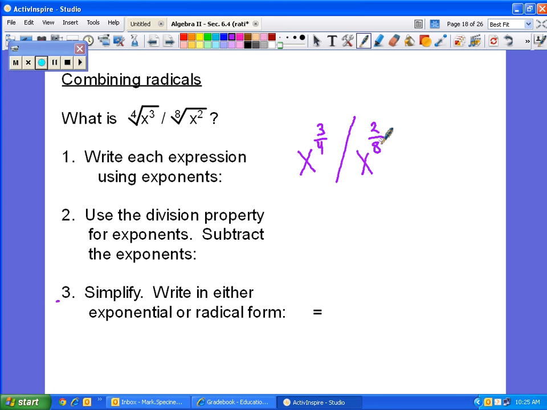So the index becomes the denominator. The number that's with the radical becomes the numerator. Okay, step number 2 is subtract the exponents. So I have x to the 3/4 minus x to the 2/8.